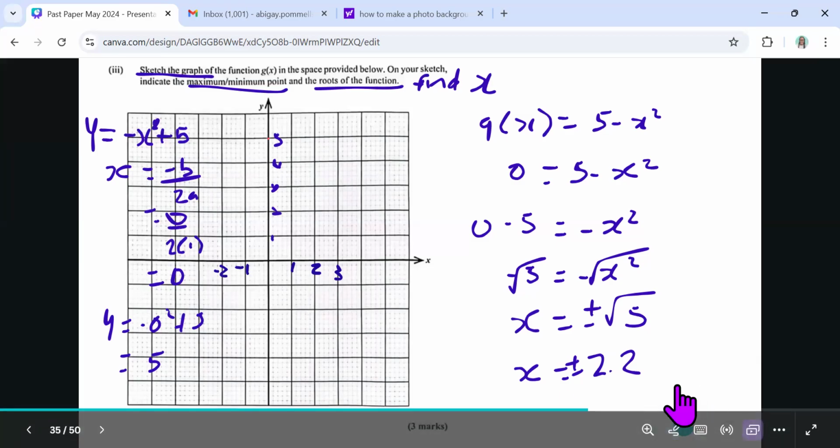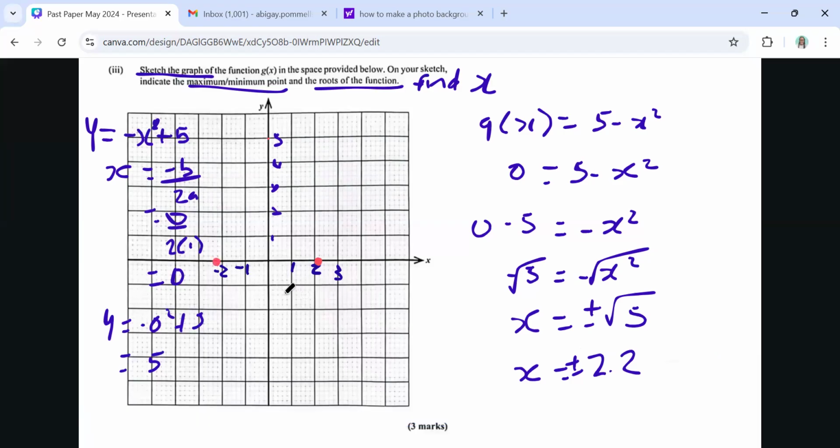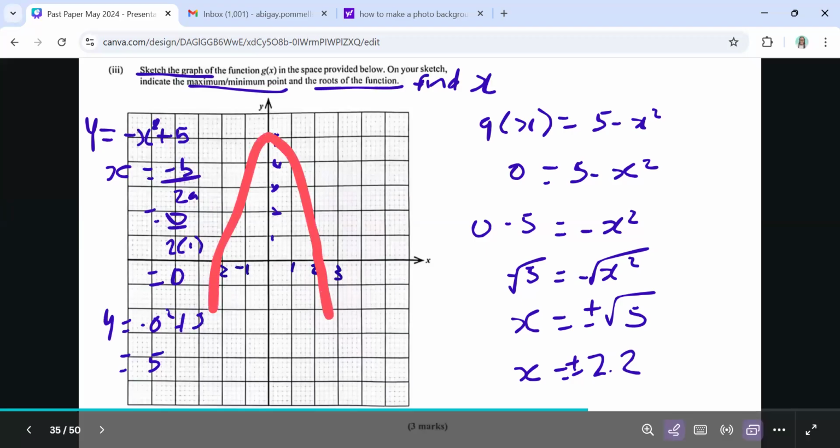All right, so let us put in our x value, which is either positive 2.2, so that's going to be right here, and negative 0.2 will be right here. All right, so let us draw our parabola. So we go from here. It's just a sketch, so it doesn't matter how you do it, just make sure that it is accurate. There you go.